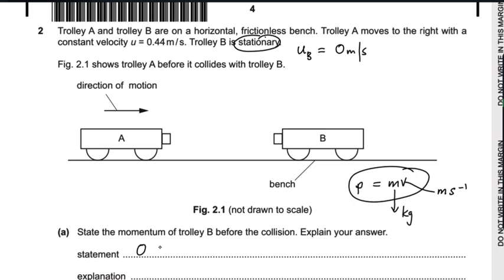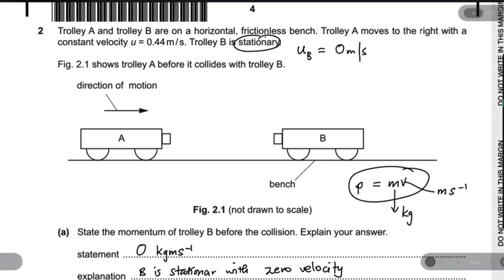So that means the momentum of B is 0 kg m/s. Why do we say so? Because B is stationary, with 0 velocity. That's the idea there. So if you're multiplying anything with 0, you always get a 0, right?